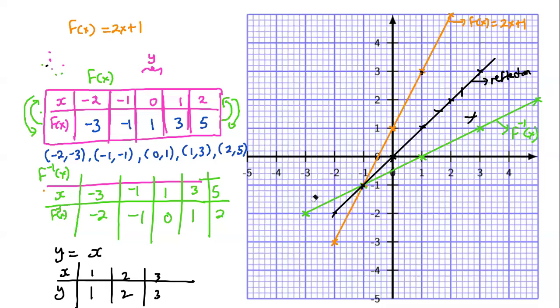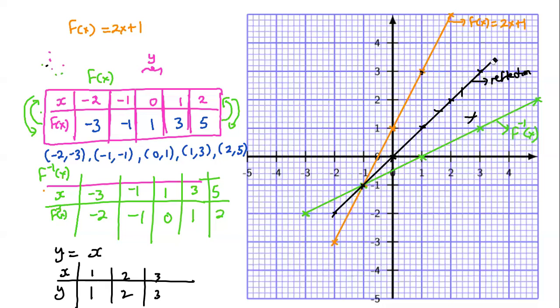Good afternoon, sir. I would like to ask where this reflection line came from. I don't understand how it came about. Like I said, an inverse is a reflection of your function.